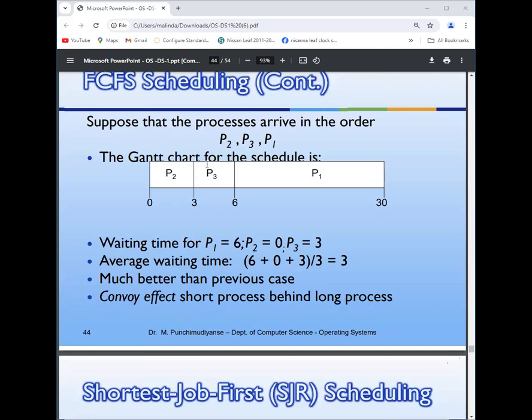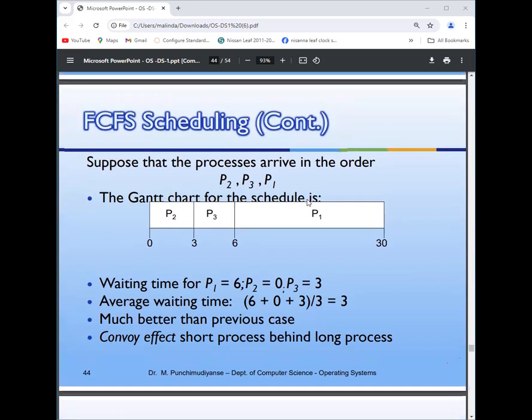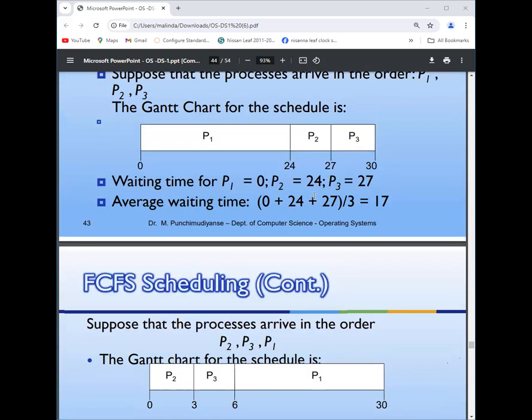That means the short jobs have to wait for a long time to get the CPU because of the long running processes. Right? So have you understood the point? So far? Okay?